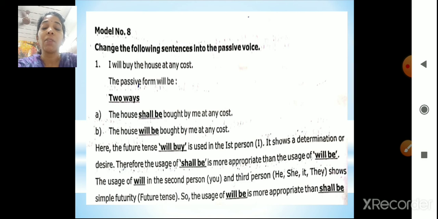The future tense, will buy, will sell, is used in first person. But the usage of will in the second person and third person, which shows simple futurity, in such cases, the usage of will be is more appropriate than shall be.